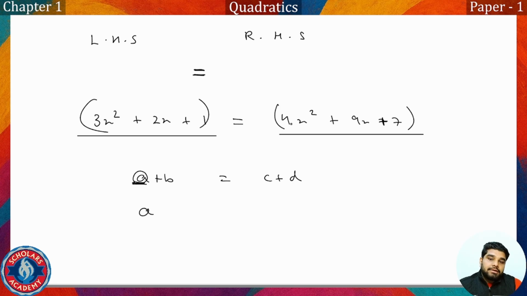The general way of doing it is, we subtract b from both the sides. Whatever action we take on both sides, we are not changing the equality, right?